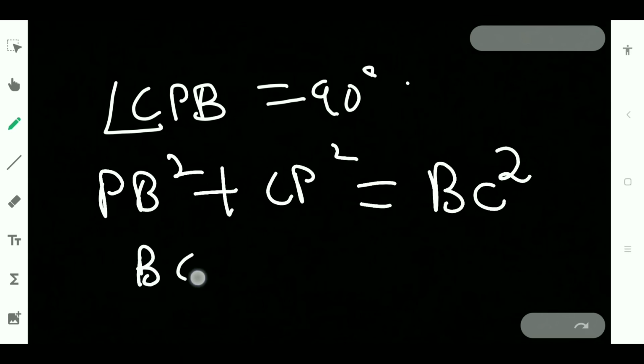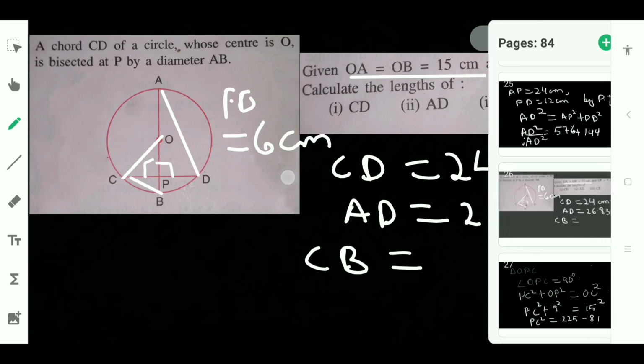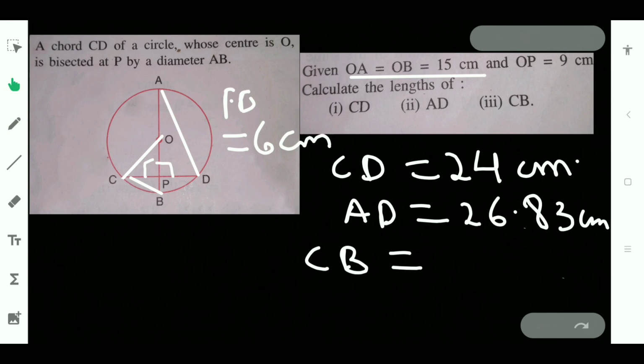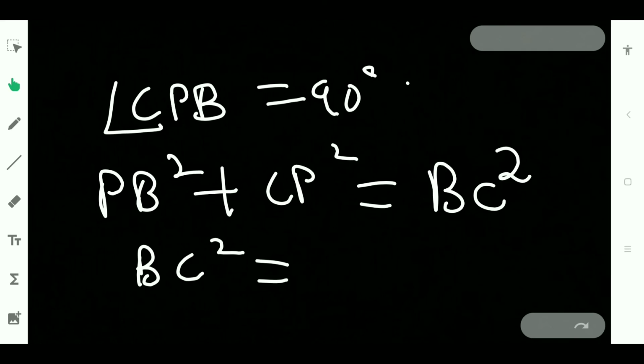So BC square is equal to PB square, which is 6 square, and CP square, which is 12 square. 12 square plus 6 square.